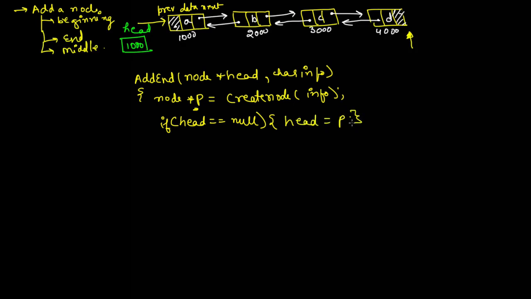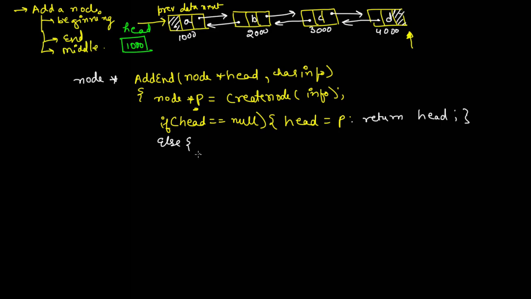That means you just added a node into the linked list. But what if the head is not null? In the above case also, you have to return the address, so it will be return head, and here the return type will be node star.